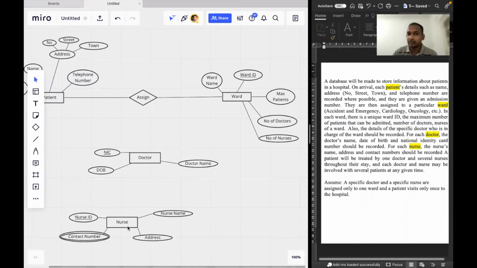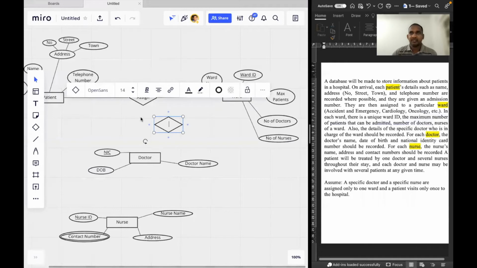Okay, therefore to identify that separately, you have to draw a relationship between ward and doctor as well as ward and nurse. Okay, let's draw the relationship. Let's say a particular doctor assigned to a particular ward.